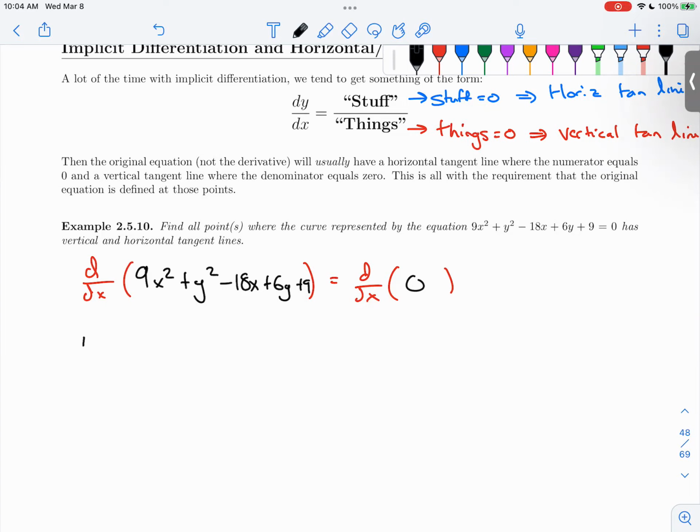So you get 18x plus 2y dy dx minus 18 plus 6 dy dx equals 0, because the derivative of 9 would be 0 and the derivative of 0 would be 0. So to find the derivative for an implicit differentiation problem, first you take the derivative of both sides, then you isolate the dy dx terms.